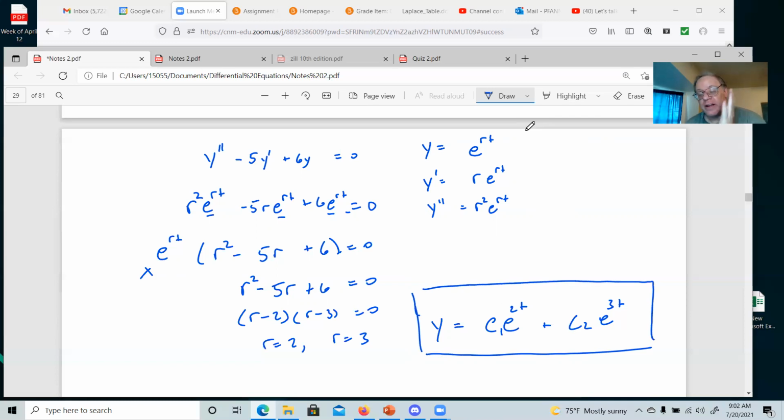Okay, that is how we're going to be solving the first order, second order, third order differential equations like this. Okay, that are homogeneous with constant coefficients. So we don't have any x's in here. Okay, that's the next module.